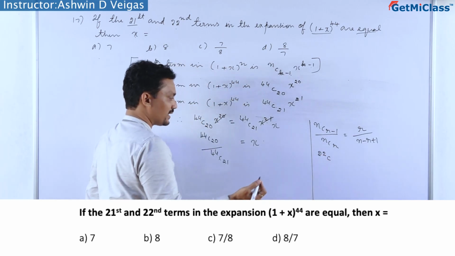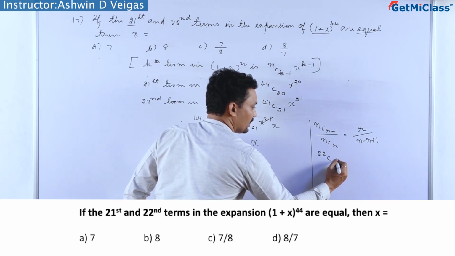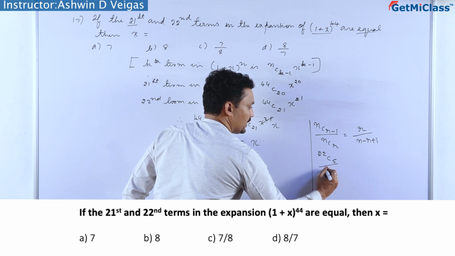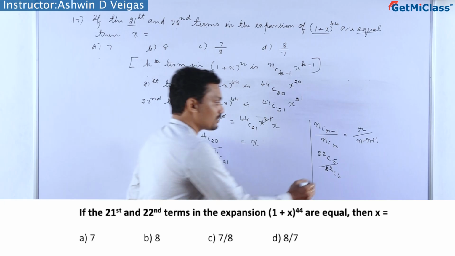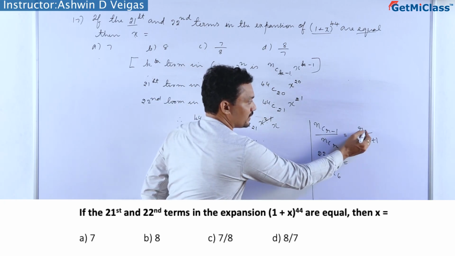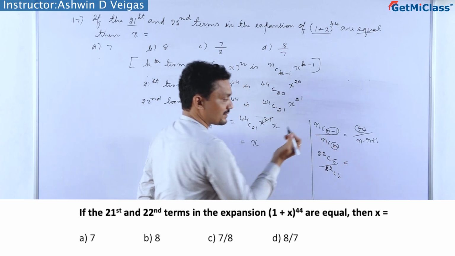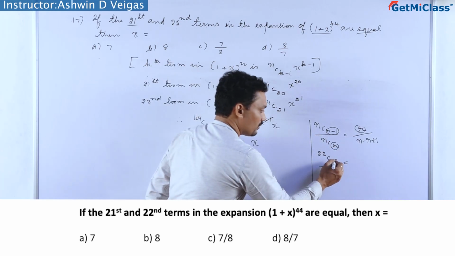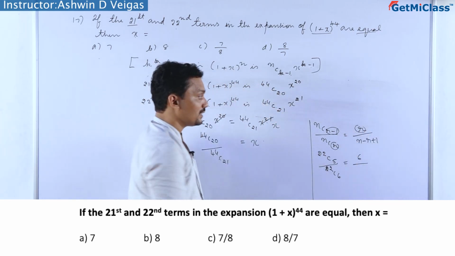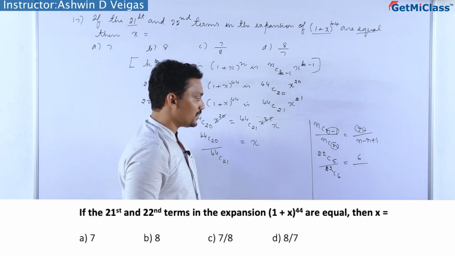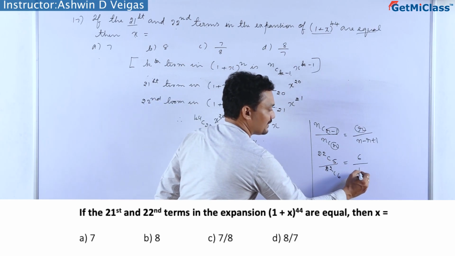Suppose I have 22C5 divided by 22C6. Okay, the answer will be, you have to write r minus 1 and r, you have to write the bigger index. So 5 and 6, so you have to write 6 divided by the difference of the top indices, 22 minus 5, 17.